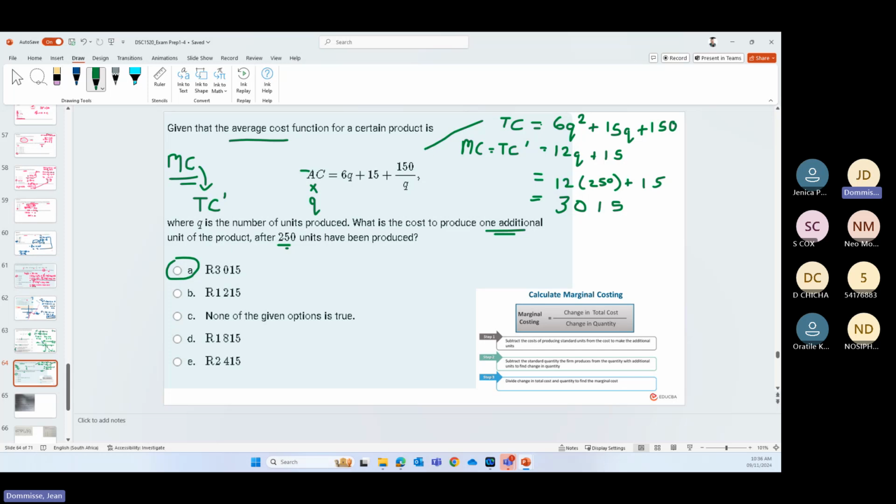Mine says page 75, but it might also be that I've got a different version. But there is that nice graph: total revenue, marginal revenue, average revenue, total cost, marginal cost, average cost. Then it goes into variable cost, marginal variable cost, average variable cost. So that first page of chapter 6 has a very nice table.